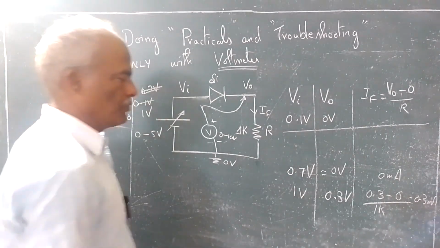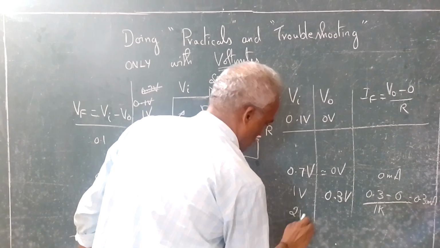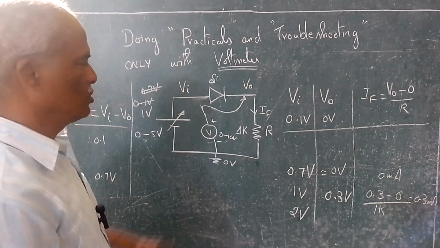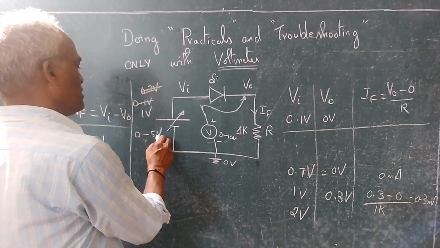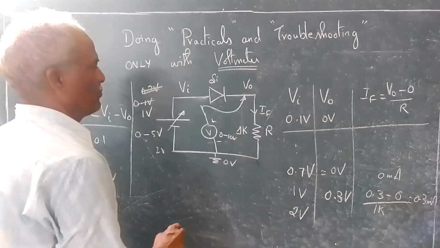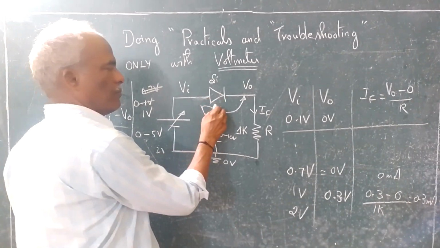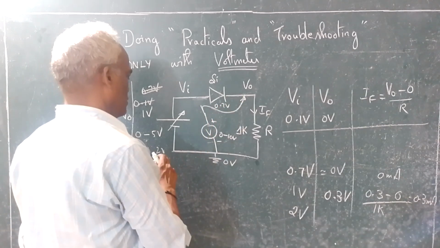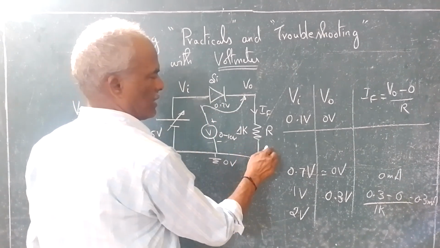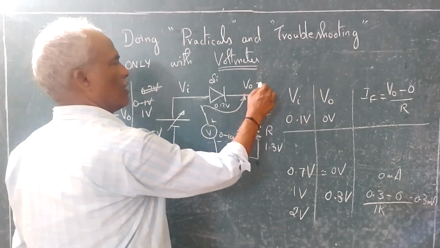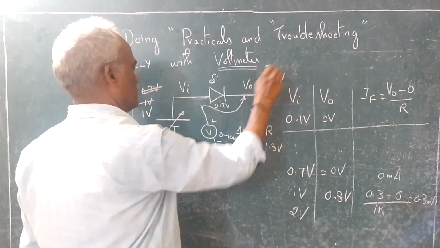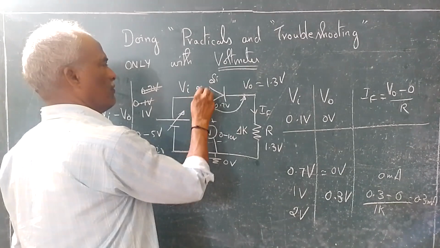Now suppose you give 2 volts. Of course, you have to adjust this range, make it 0 to 10. Suppose this voltage is 2 volts, this is going to take away 0.7 volts. So this will experience 1.3 volts. That means with respect to ground, V out will be 1.3 volts, and at this end you will have 2 volts.